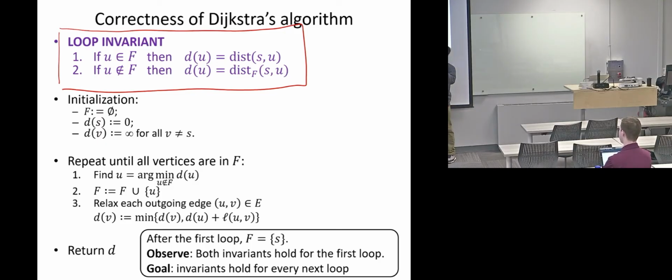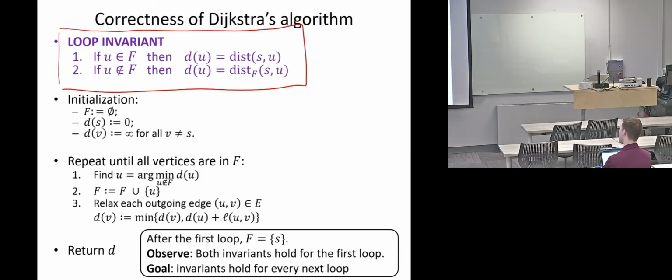We only finalize one node, which is s. And the invariant is correct because the distance for s itself is actually 0. So this is correct for s.